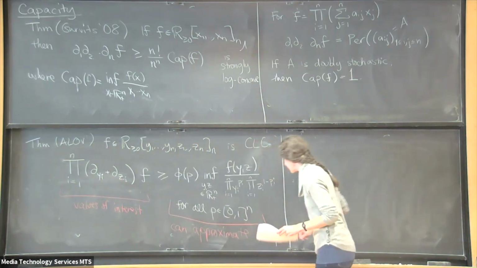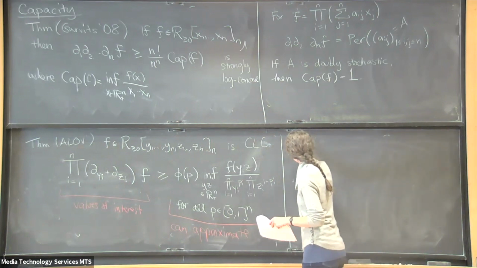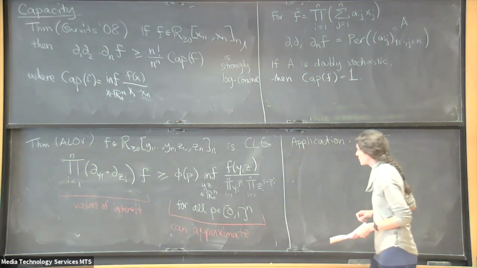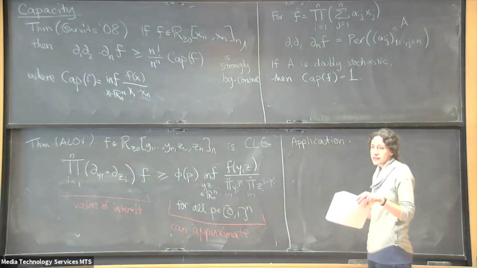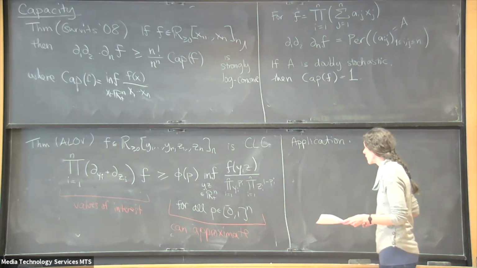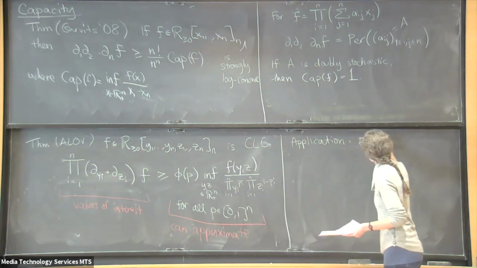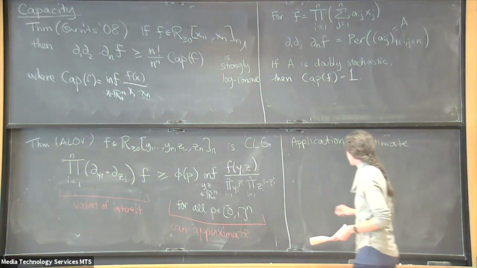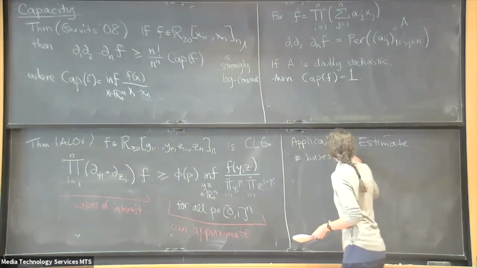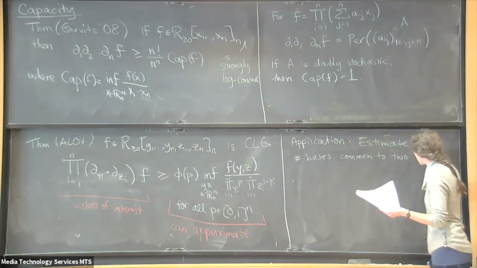So I just wanted to do one application of this, which is if we wanted to count, or rather approximate, or really bound the number of bases common to two matroids. This is a matroid intersection problem.